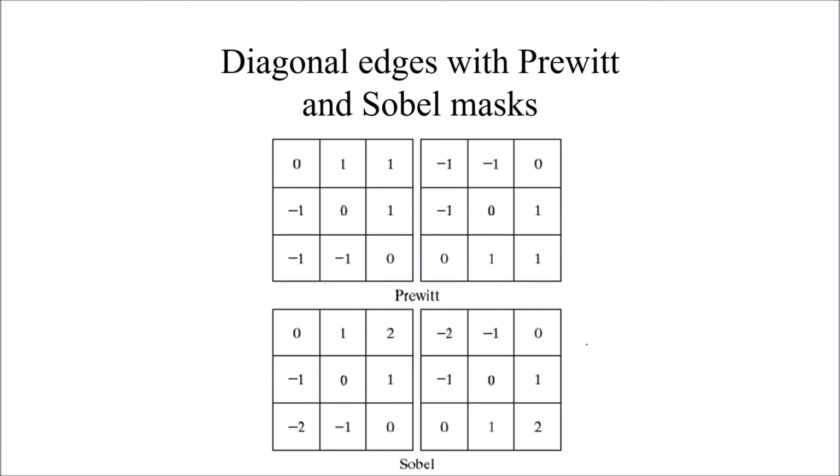This is another example of the mask. The same thing for this Prewitt. This type of kernel will be utilized in order to determine edges at an angle, and the same thing with the Sobel.